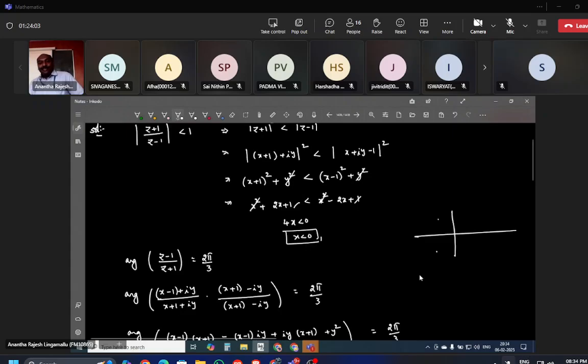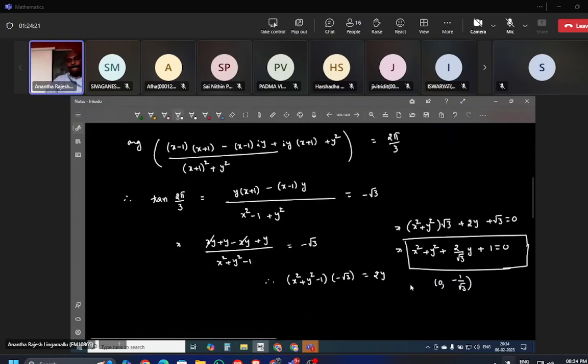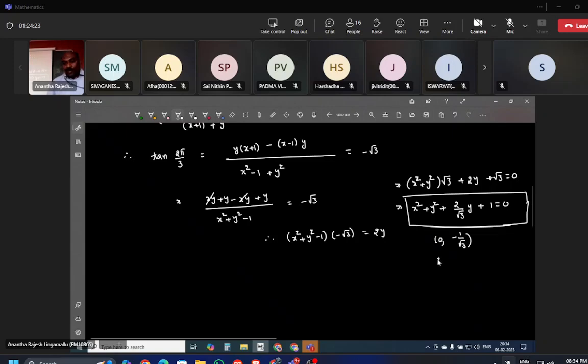Here, see these are locus problems, excellent problem again, super. Who asked this? A portion of circle of radius 2 by root 3 that lies in the third quadrant. Radius how much? Calculate the radius. What is the radius? The square root of g square plus f square minus c. 1 by 3 minus 1, right?